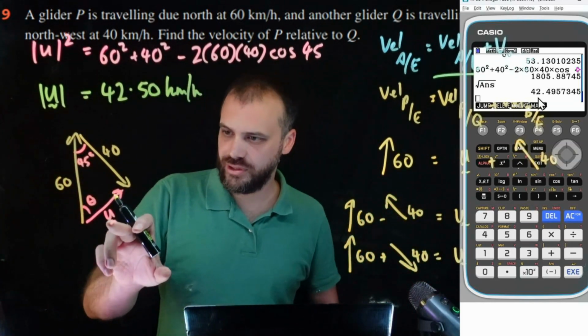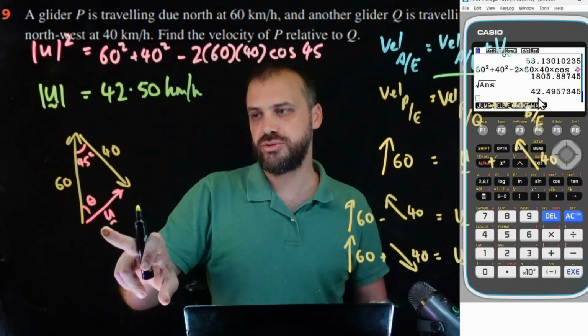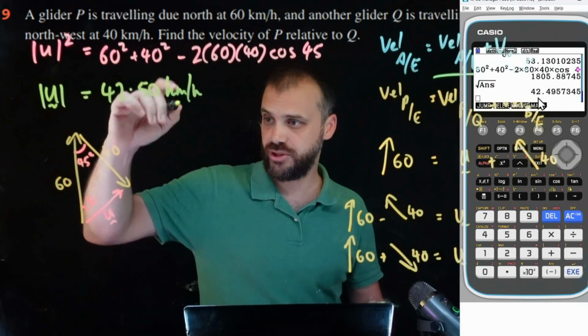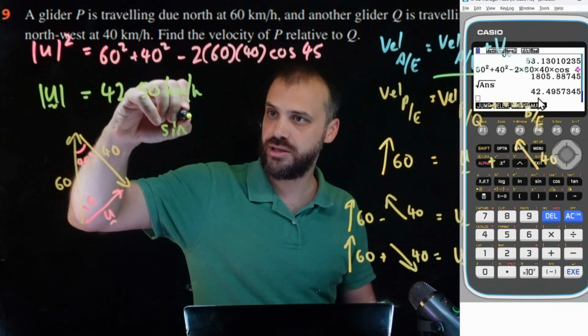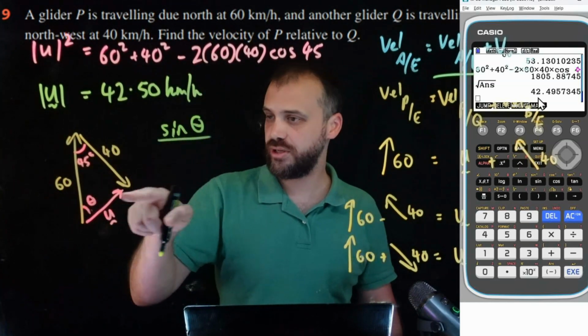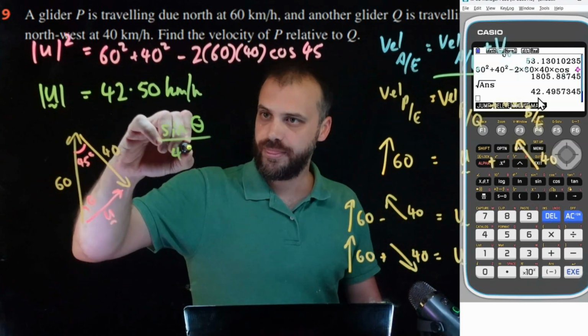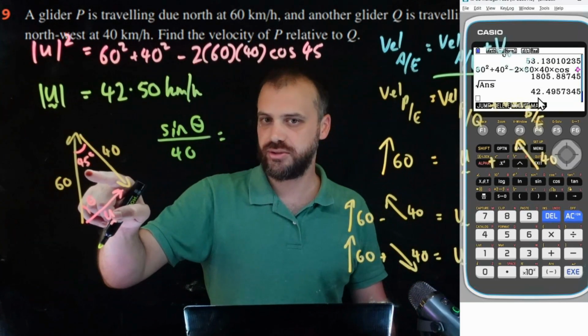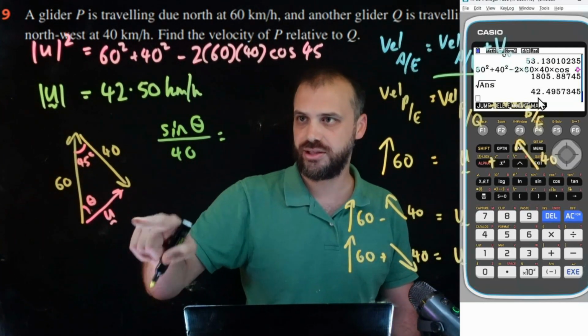Now that I have the magnitude of that, I can use the sine rule to find that angle there, right? So I could say that sine theta over 40 equals, and let's use this angle here, 45, and this length here.